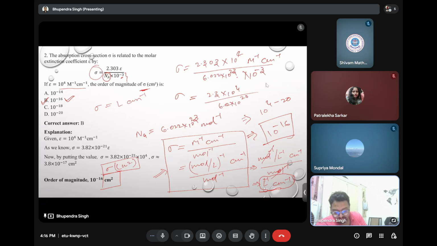Now we know 1 meter cube equal to 1000 liter and 1 meter equal to 100 centimeter.